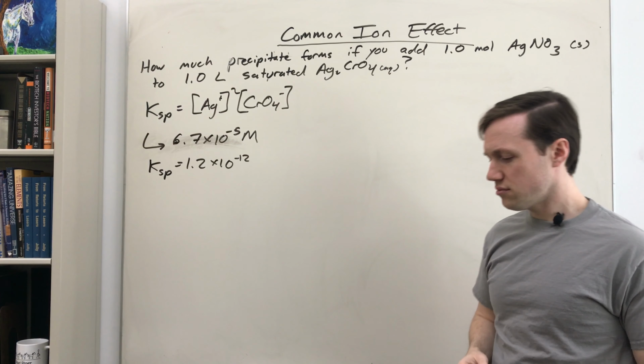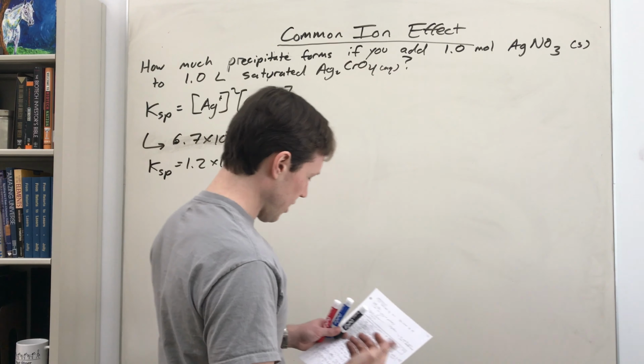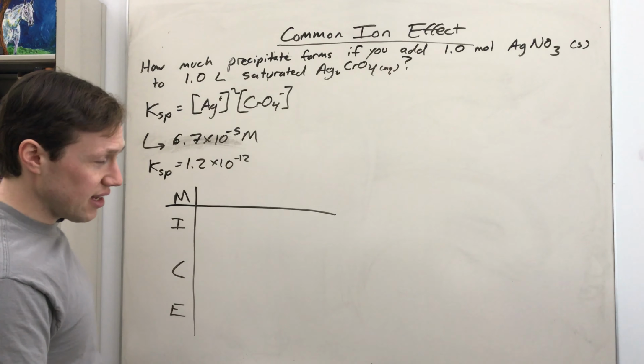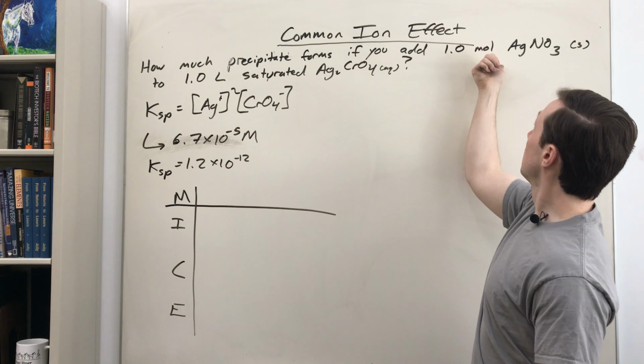Okay, let's take a look at how we would approach this. So our approach here, again, is going to be to use an ice table. And in particular, that's an ice table where we can leave pretty much everything in molarity. We're going to be making an approximation for this problem, given that we weren't told anything about the amount of space that this silver nitrate takes up.